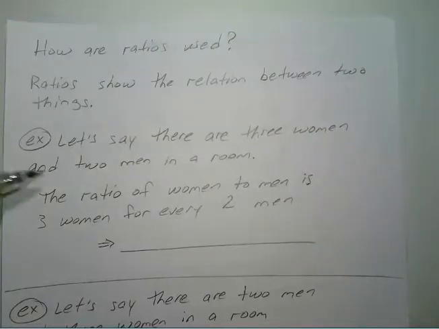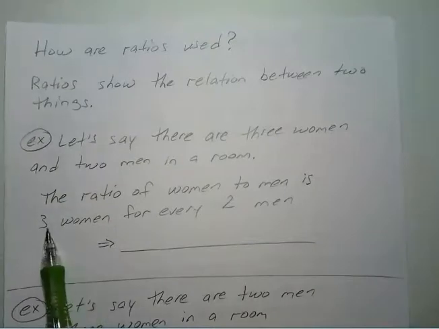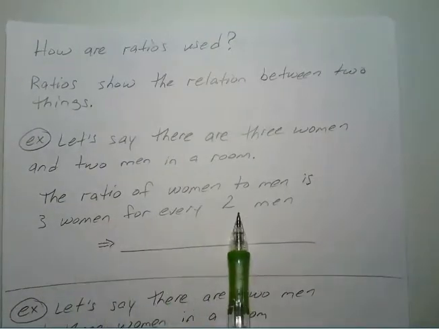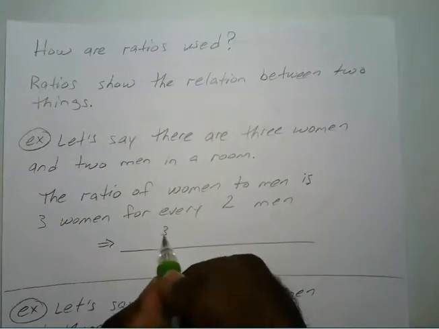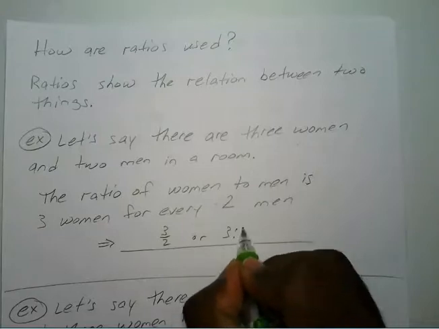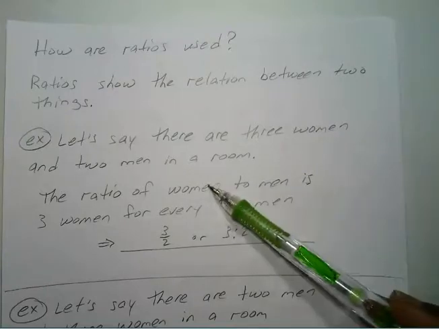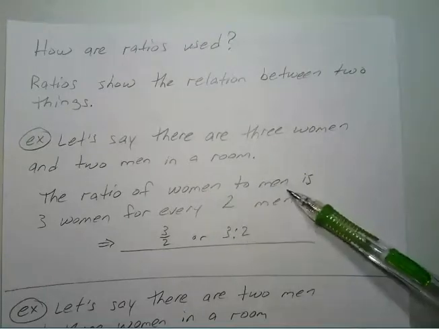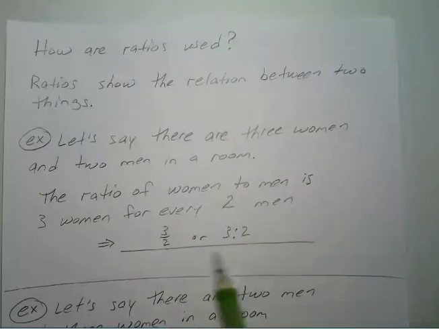If they ask for the ratio of women to men, that means you have 3 women for every 2 men. So your ratio will be 3 to 2, or 3/2. That's because the women are listed first and the men are listed second, so you have 3 to 2, women to men.